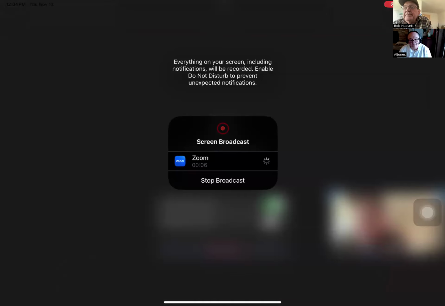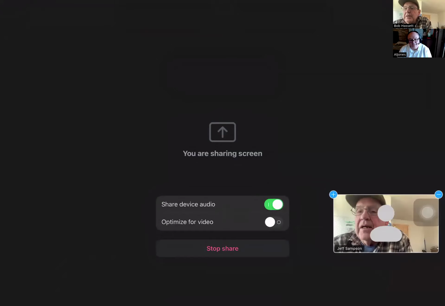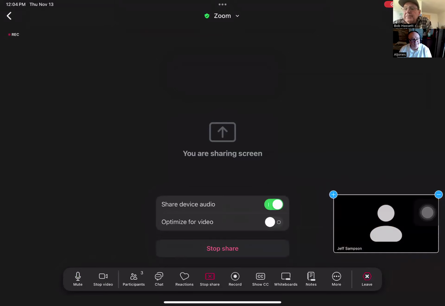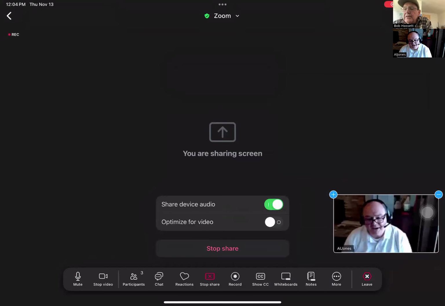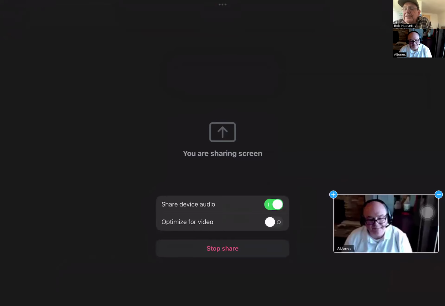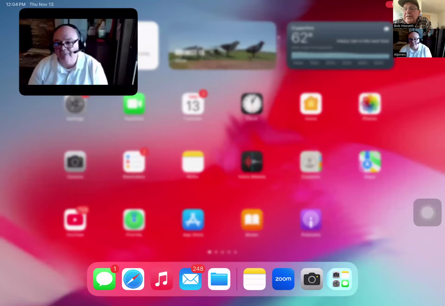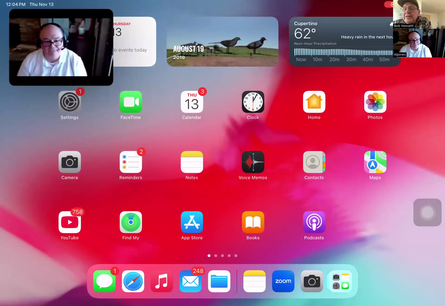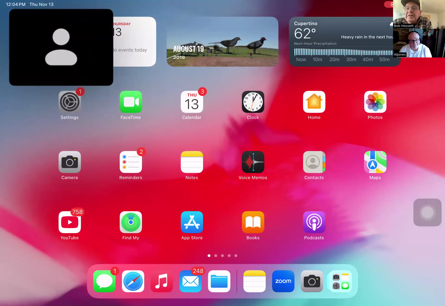Share, hit screen, I get screen broadcast. Okay. I'm not an Apple guy, but I think previously you've pressed escape or something and gotten to your main menu. Just drag your cursor to the bottom of the screen and this pops up. So you can't see that, right? We can see your desktop.